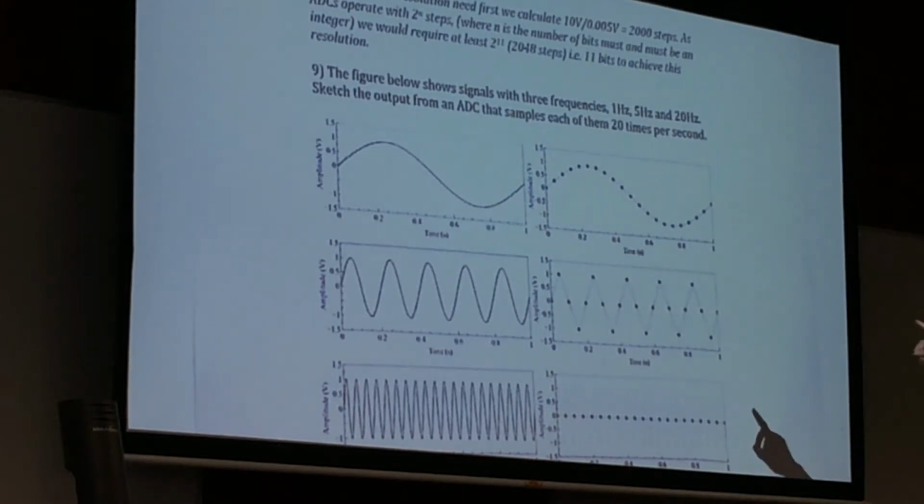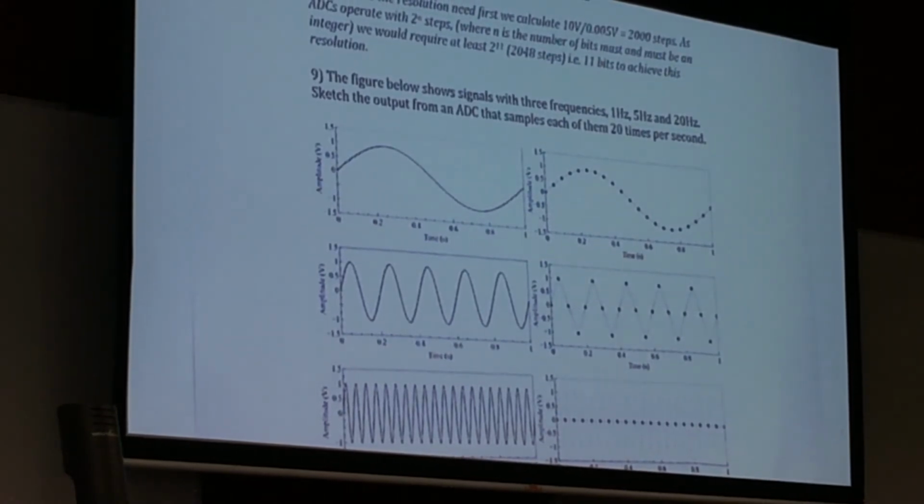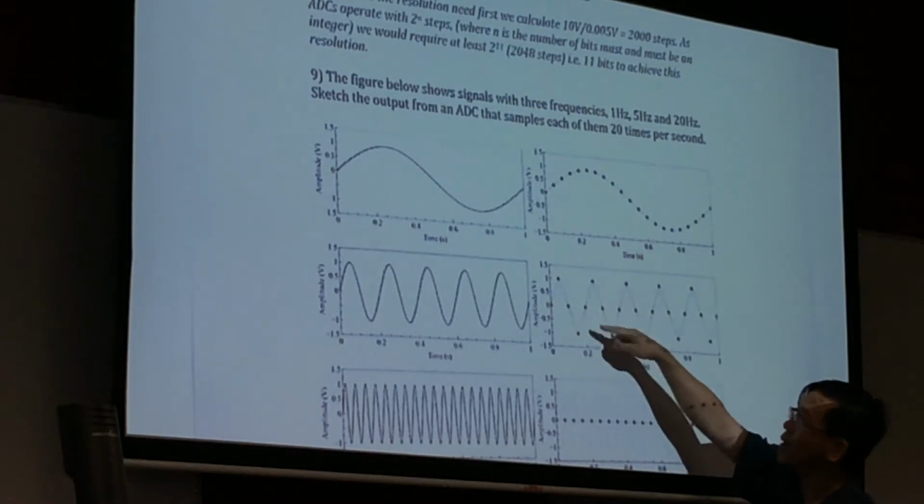So, if you do the cut, you can see that for the 1 Hertz, your points are very nicely cut. If you join them with a straight line from one point to another, you can see that it is almost like a sinusoidal wave. So this information is quite the same as your analog signal. Now on the other hand, for the 5 Hertz, you realize that if you join them, it becomes like a triangular wave.